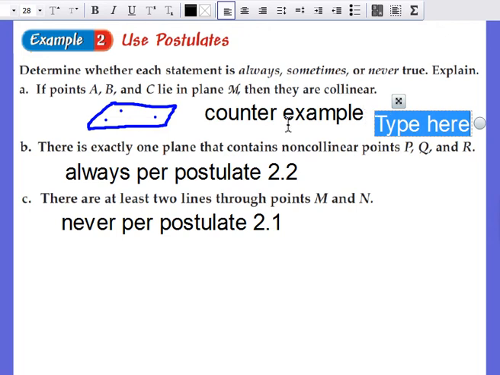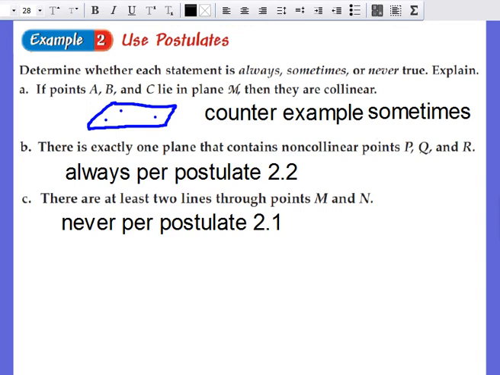Either should satisfy it, because points A, B, and C lying on plane M doesn't necessarily mean they're always collinear. So there we just put sometimes, because it could happen, but it's not always the case. Don't forget, when you're doing true and false questions, always and never are usually red flags. That's just a tip for you.